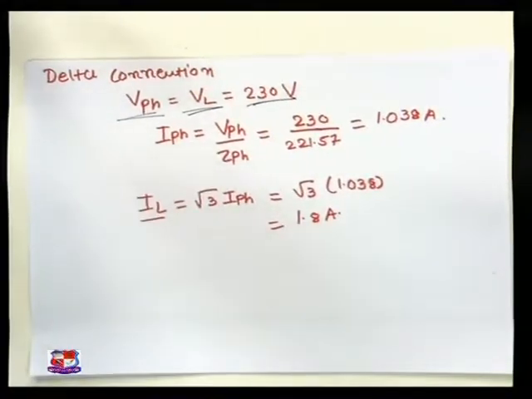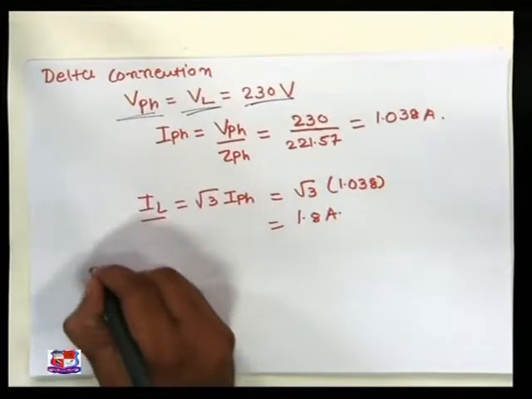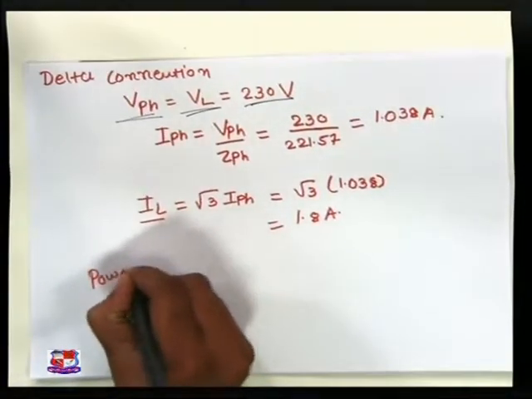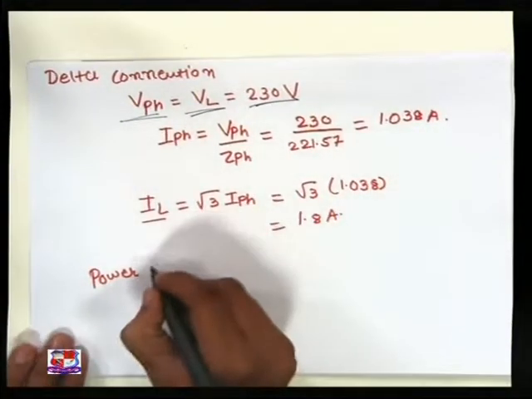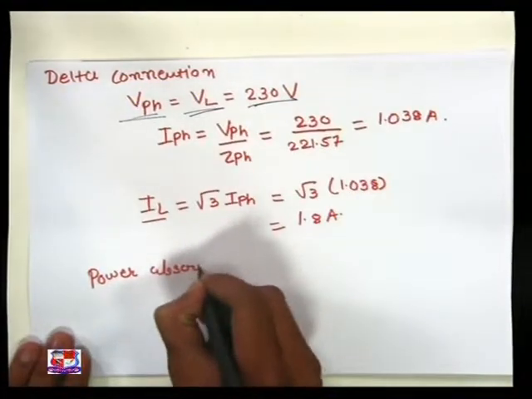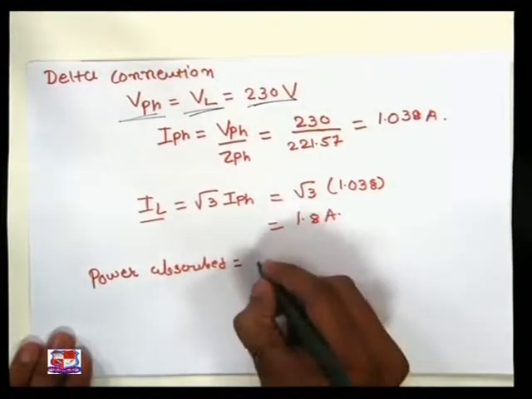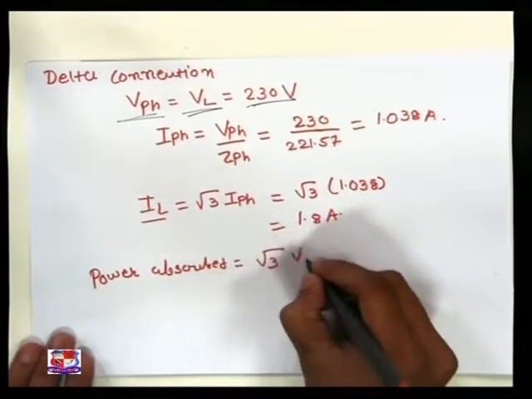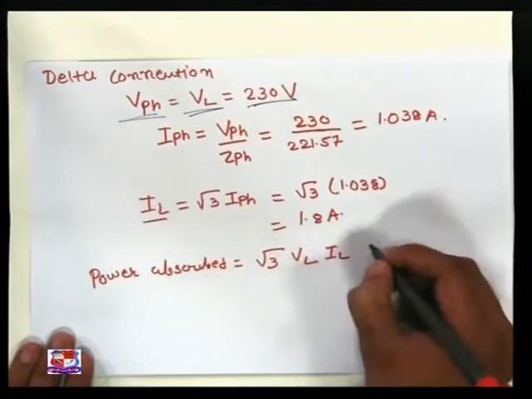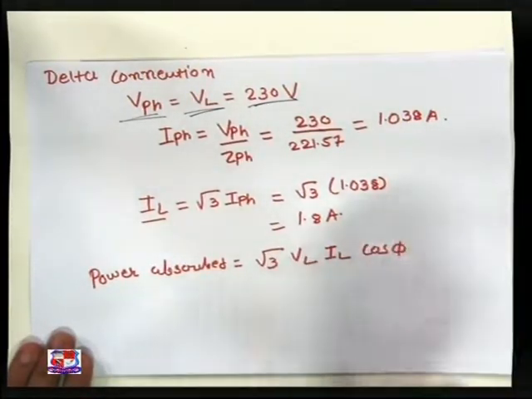So in our delta connection, when we have to find the power absorbed, the power absorbed is equal to root 3 into VL into IL into cos phi.